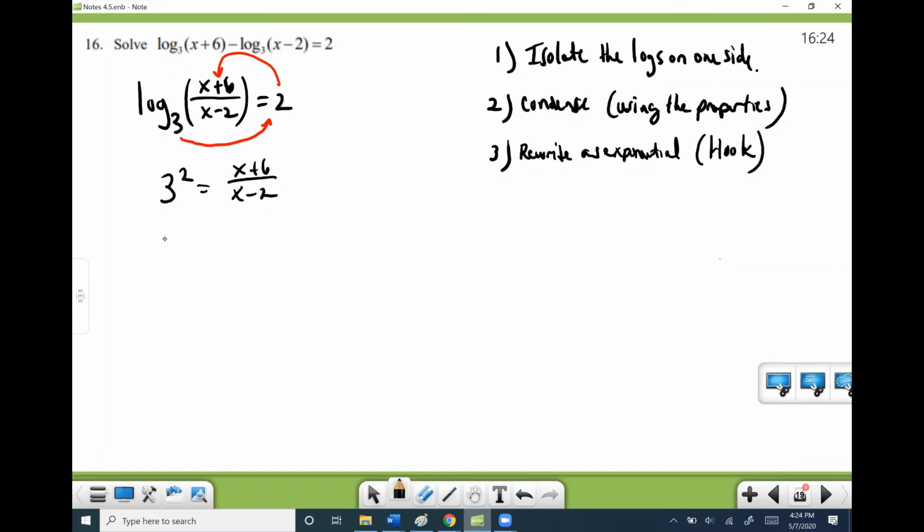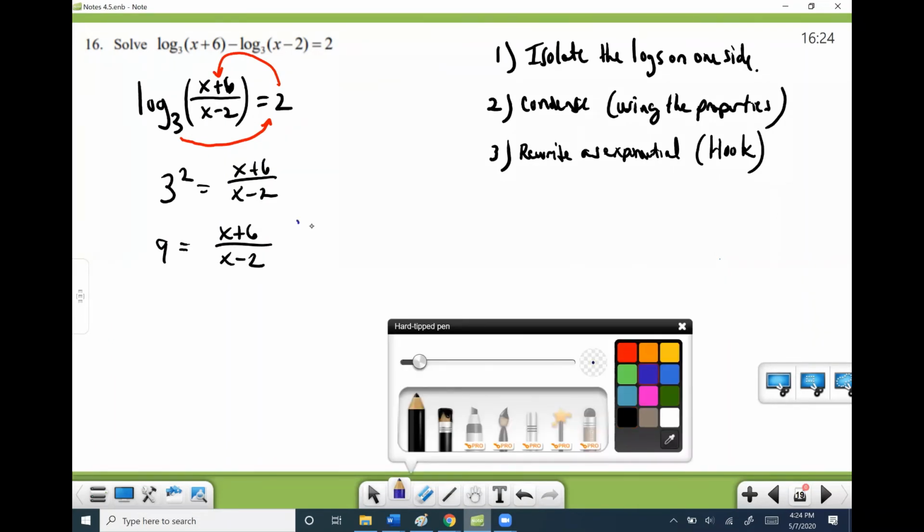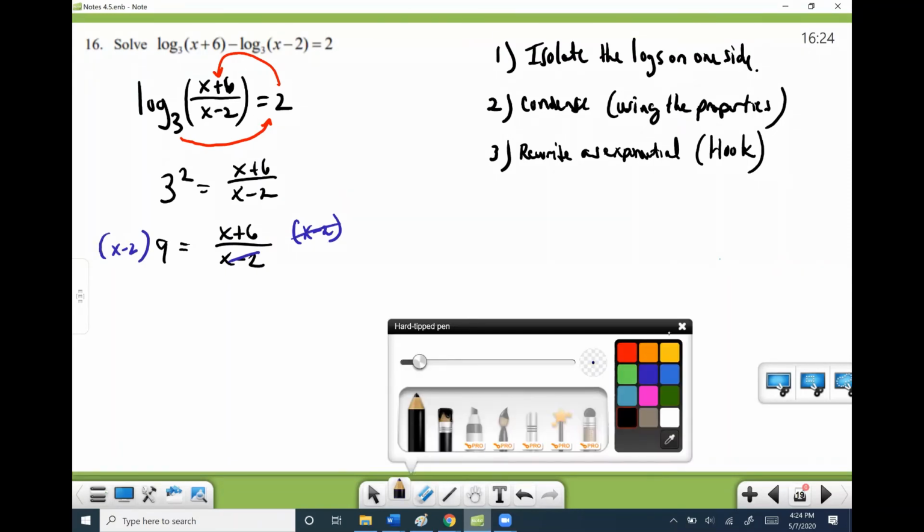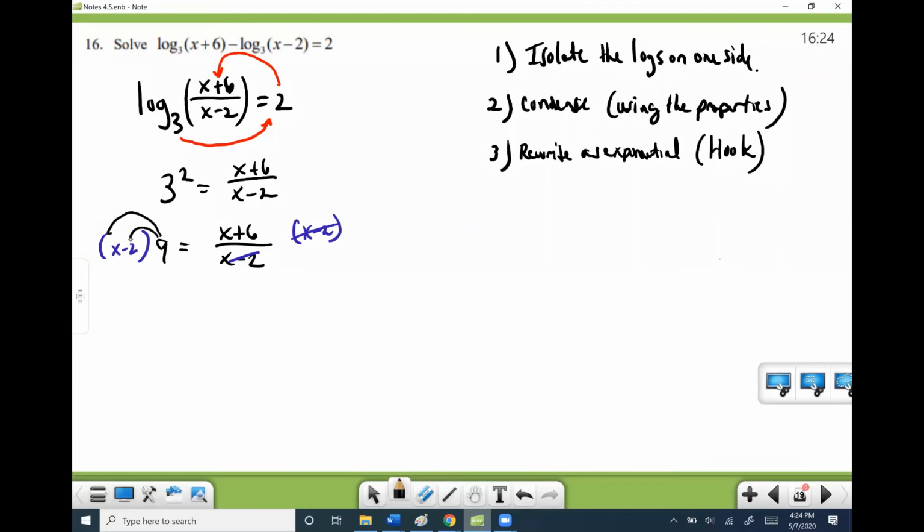Okay, 3 squared gets us a 9. Multiply by the bottom. Very good. So those cancel out. 9x minus 18. Variables on both sides.